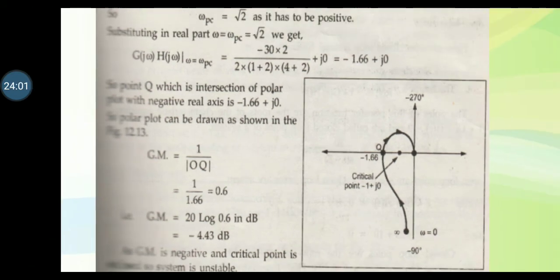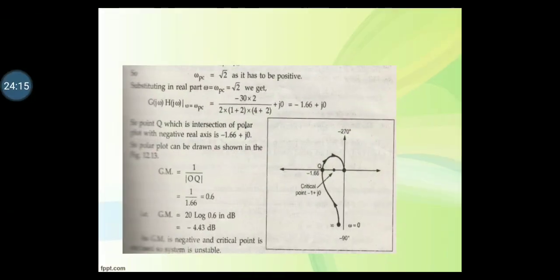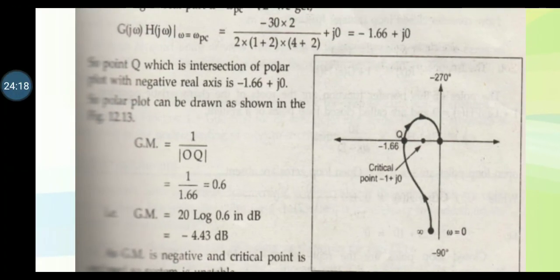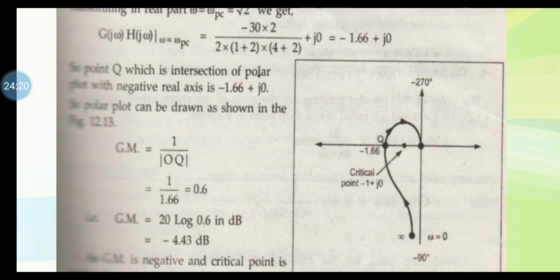Start drawing the polar plot from omega equal to infinity at the origin, passing through point Q, the intersection of the polar plot with the negative real axis, minus 1.66 plus 0.